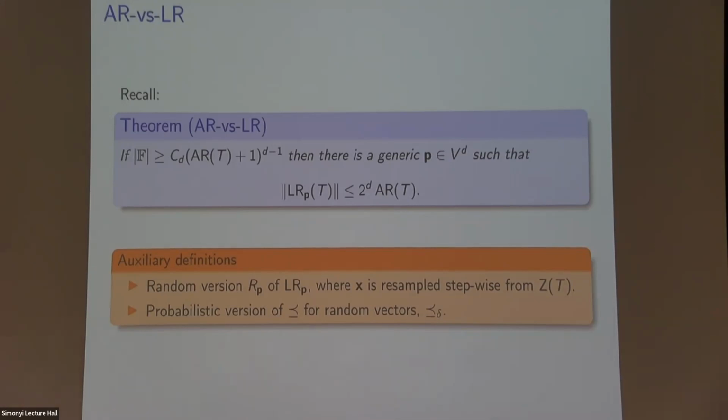So it's important that we choose x in that way. And for the analysis, since we need to analyze local rank, which is about colexicographic ordering, we define a probabilistic version of colexicographic ordering, where you don't compare tuples, you compare random variables, or random tuples.